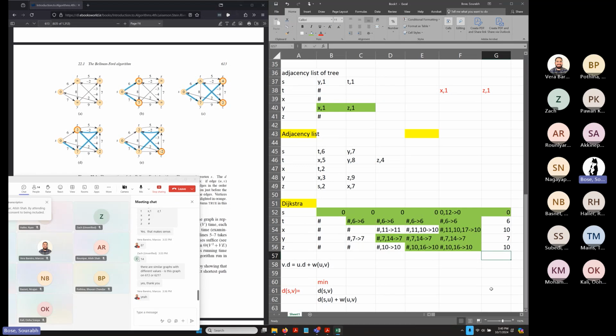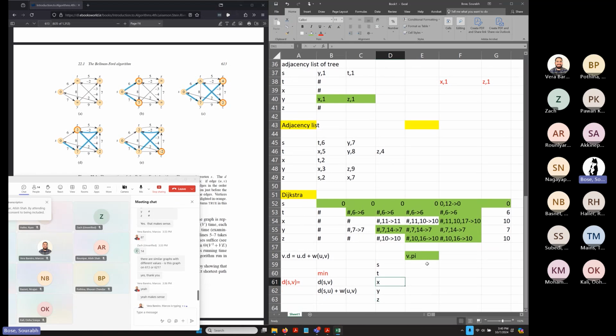I forgot to do the parent thing. I should have done the parent thing in addition to this. But yeah, the parent list would look something like this. So V.pi will basically look like this. Let's say this is S, T, X, Y, and Z. S's parent is nil.